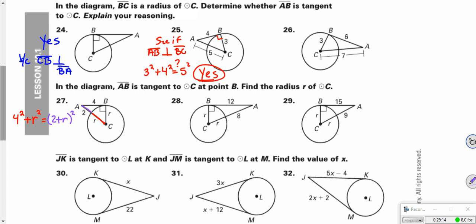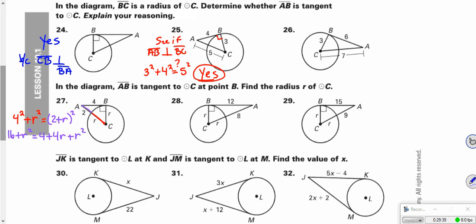You guys with me? So I have to solve for r, if 4 squared plus r squared equals (2 plus r) squared. Let me keep going with this. I've got 16 plus r squared equals 4 plus 4r plus r squared.